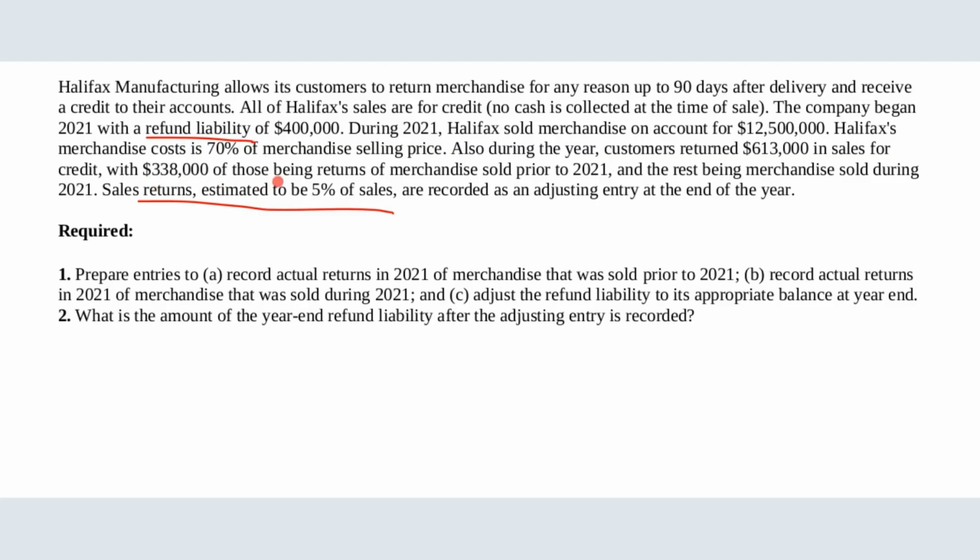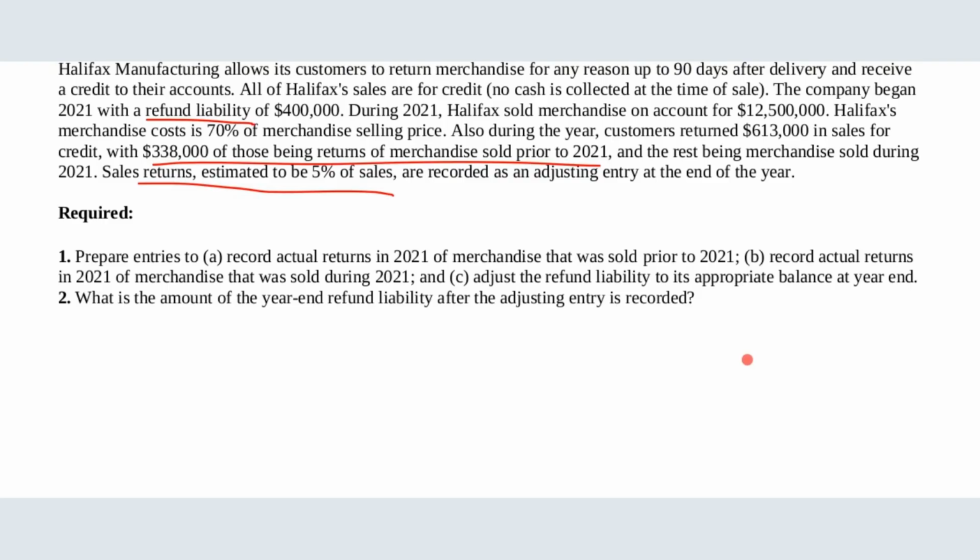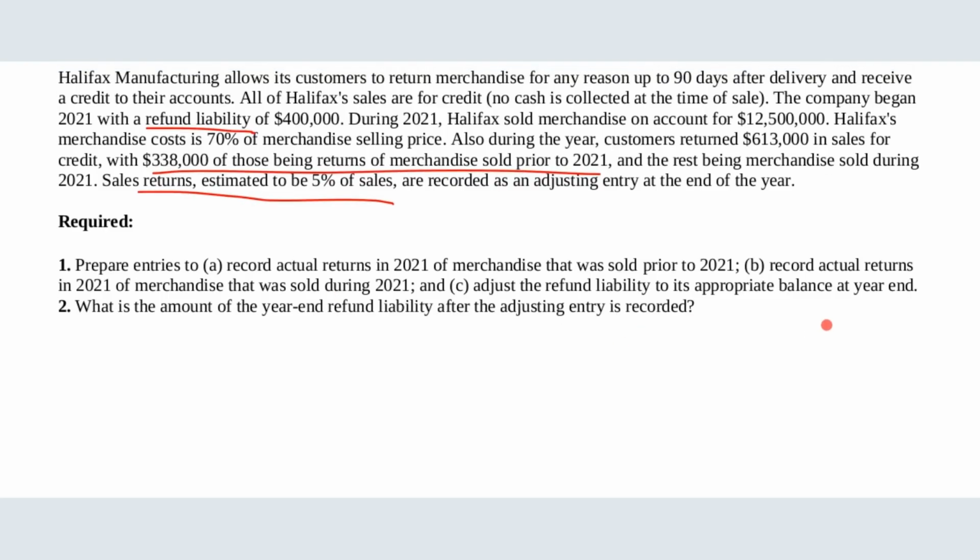Okay, so this is part of that 400,000. Okay, so these are old sales. Okay, all right. So they want us to prepare entries to record actual returns of merchandise that was sold prior to 2021. So let's start with that.